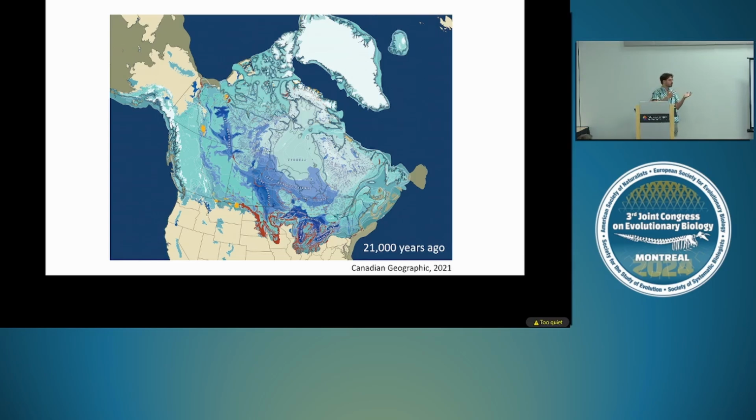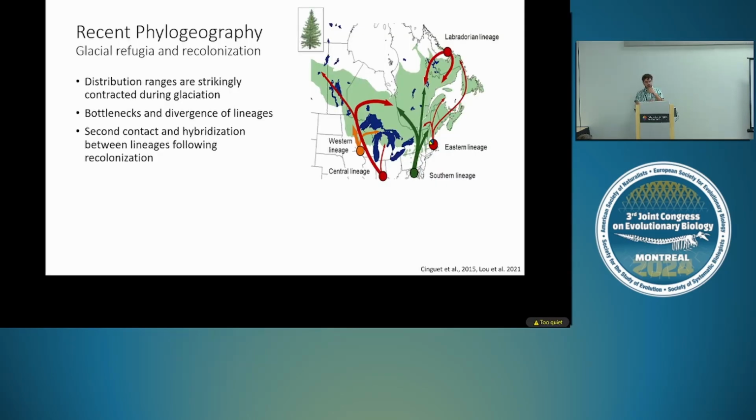And perhaps nowhere as drastically as in North America, where basically a large majority of present-day Canada was covered by ice sheets around 20,000 years ago. And obviously that created drastic changes in distribution ranges of pretty much every species.